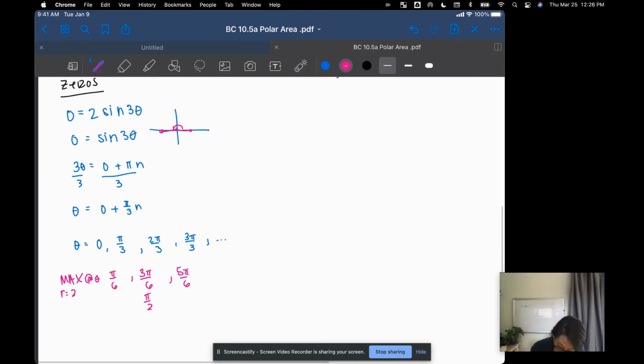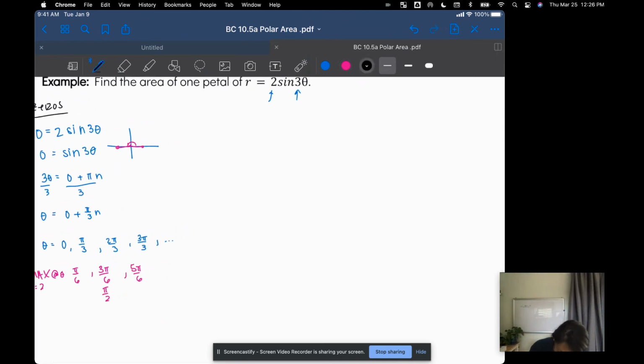Okay, so I'm going to go ahead and graph this. I'm going to start with at pi over 6, I have a 0. And at pi over 2, I'm going to have a 0. And at 5 pi over 6, I'm going to have a 0.